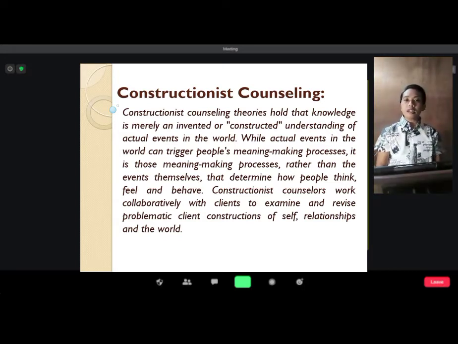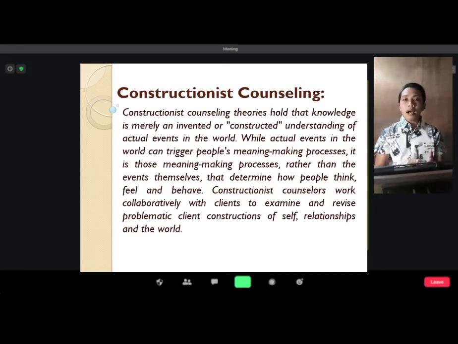The constructionist counseling theories hold that knowledge is merely an invented or constructed understanding of actual events in the world. While these events can trigger people's meaning-making processes, it is those processes rather than the events themselves that determine how people think, behave, or feel.